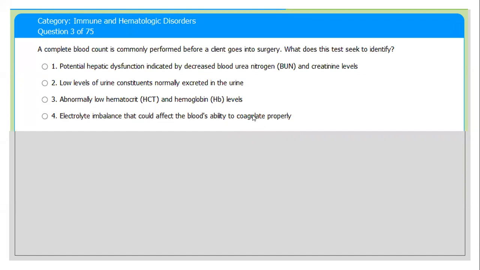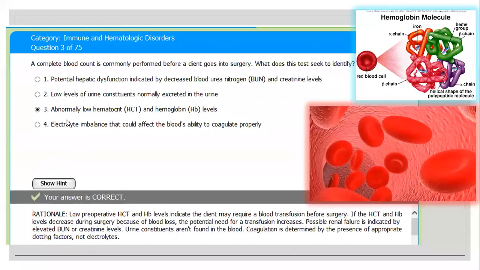So it is not the rule for a complete blood count. The correct answer, they said, is that the complete blood count checks for abnormally low hematocrit or hemoglobin. So a complete blood count does not require any preparation. Very simple technique.